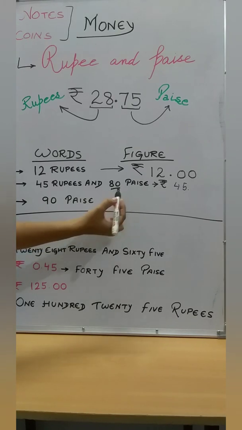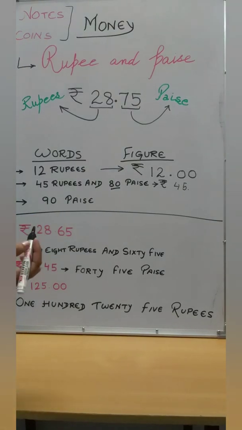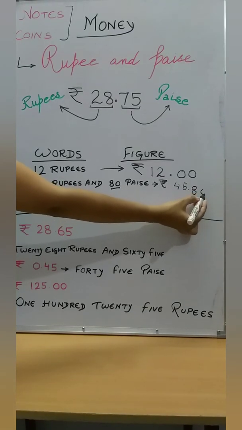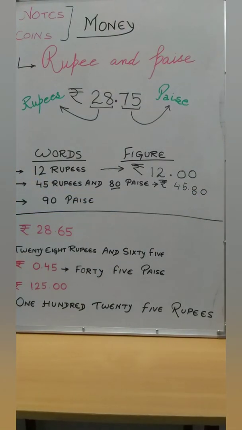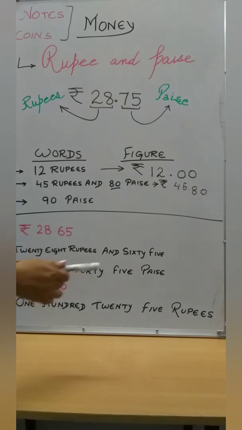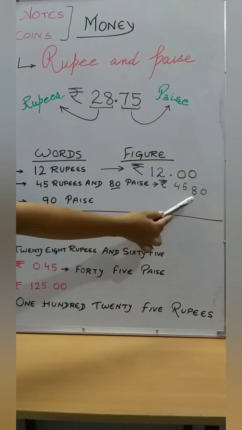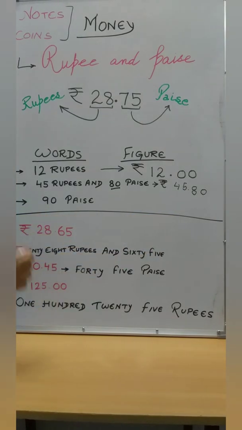Here we have 80 paise, so it will be 80. So let's read it: rupees 45 and 80 paise. This way. Let's move on to the next example.